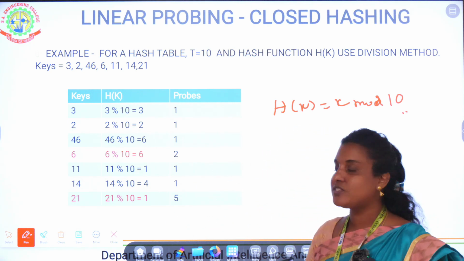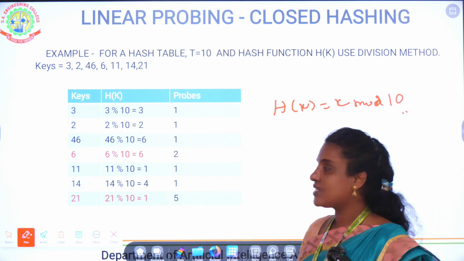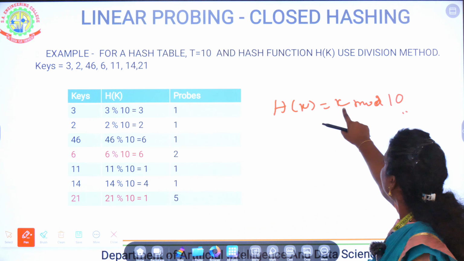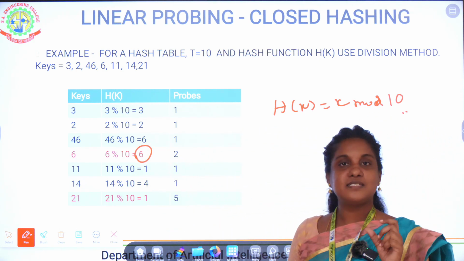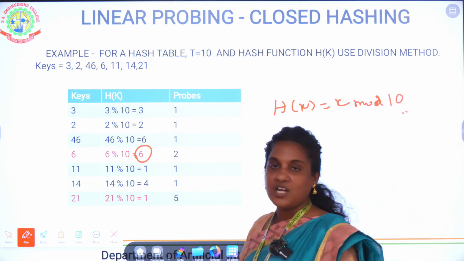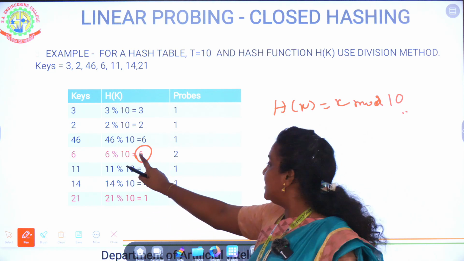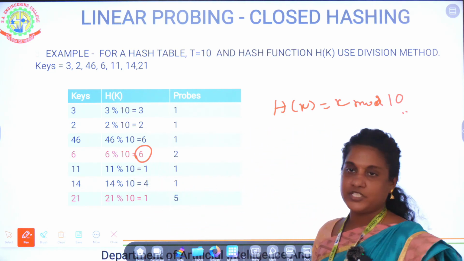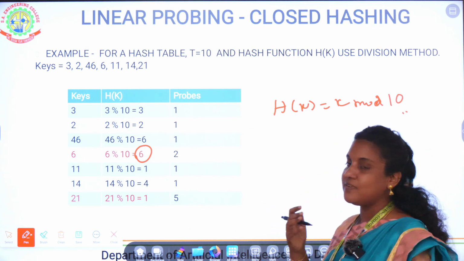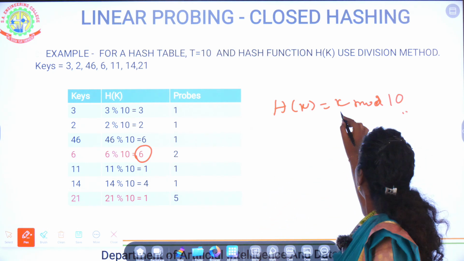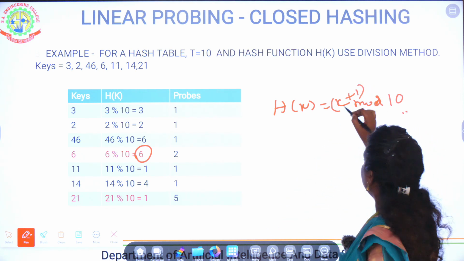But here I am going to try to store the data 6. While performing k mod 10, it yields the same value, which is already occupied by the data 46. So I want to resolve this collision with the help of linear probing. The linear probing formula will add +1 to the key.